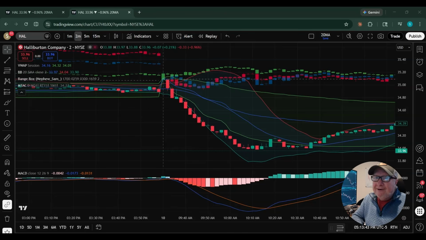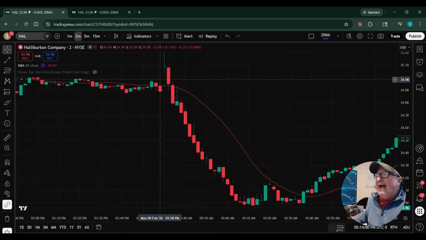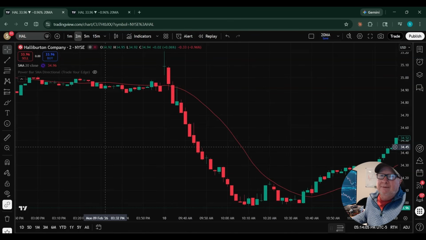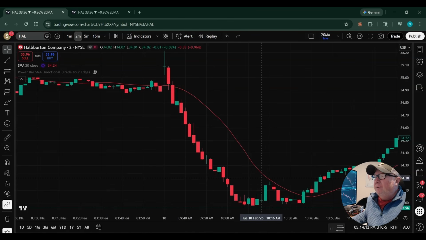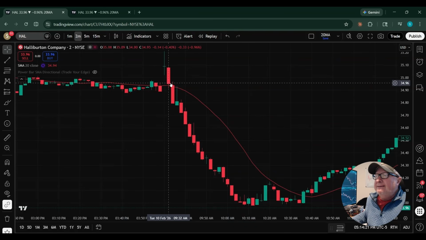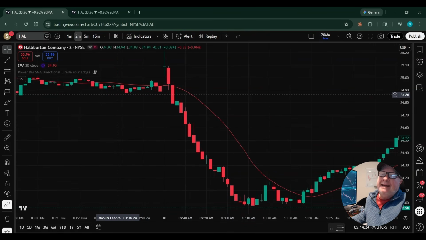30 years later, I'm still trading the same concept. On a chart for me, that 20-period simple moving average is the anchor line. This is the exact same chart with just the 20 on it. This line represents fair value, where the market agrees that price should be based on recent action.